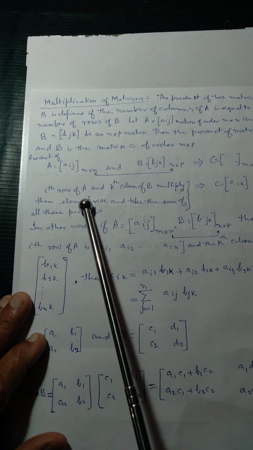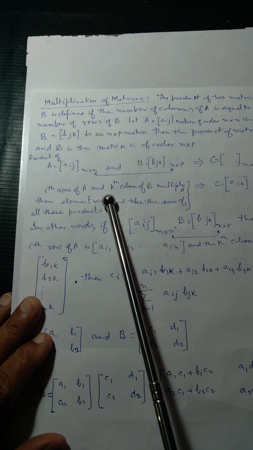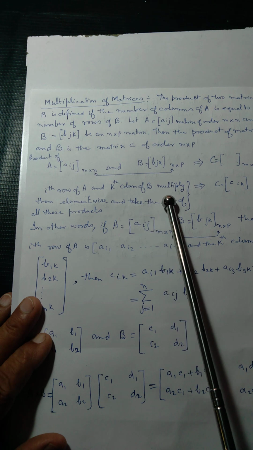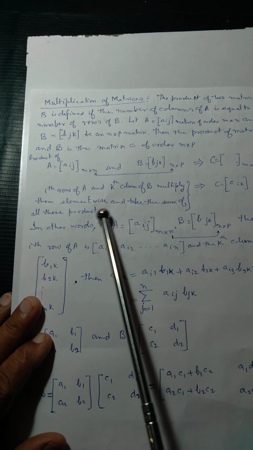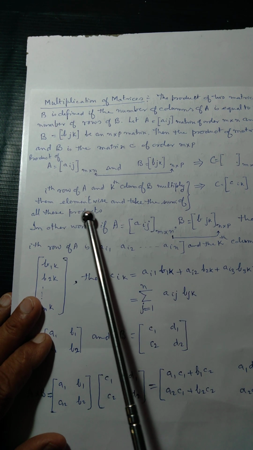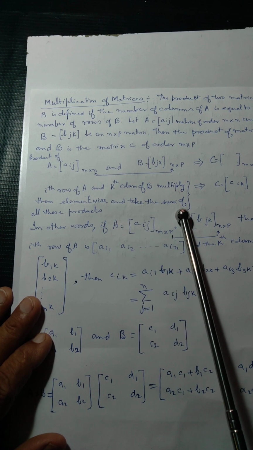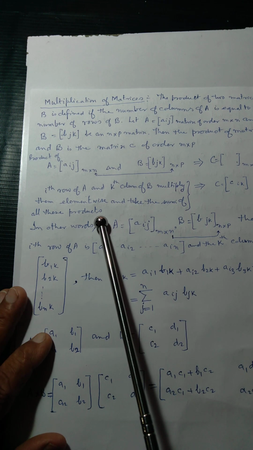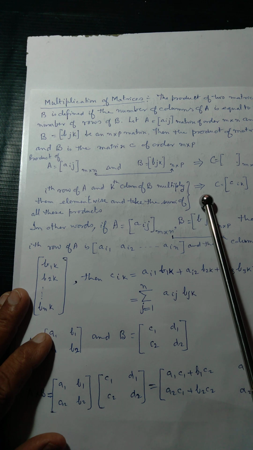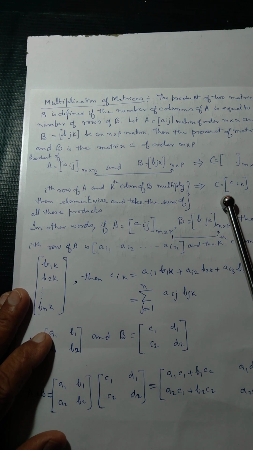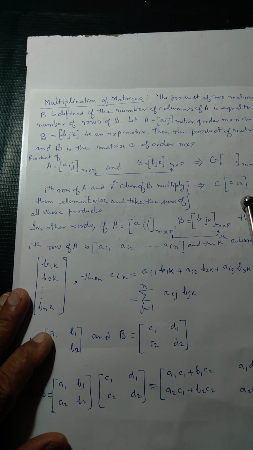The ith row of A and kth column of B are multiplied element wise, and take the sum of all these products. That will give you the result for C, that is Cik, small c ik.